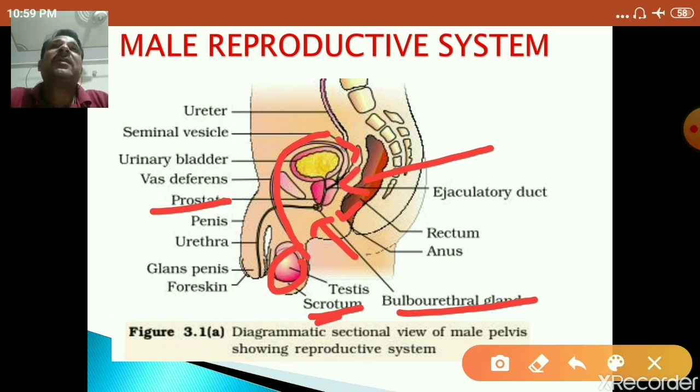They all are accessory glands. And external genitalia, you can easily find the muscular structure that is known as the penis. It is the external part, external genitalia. So that diagram shows the complete male reproductive system.